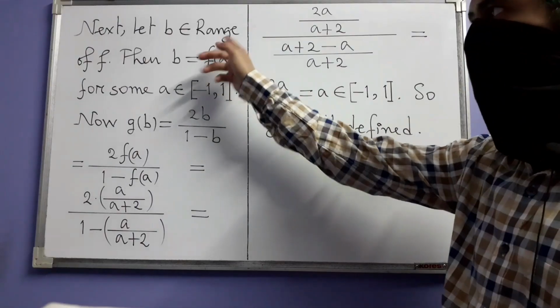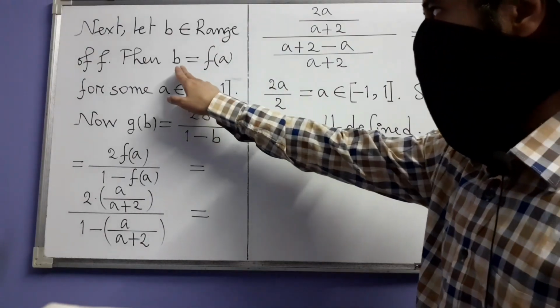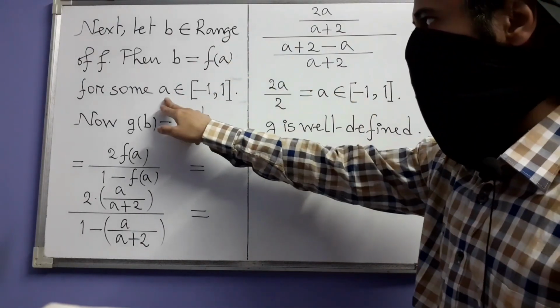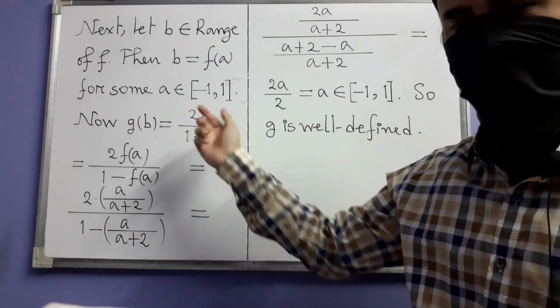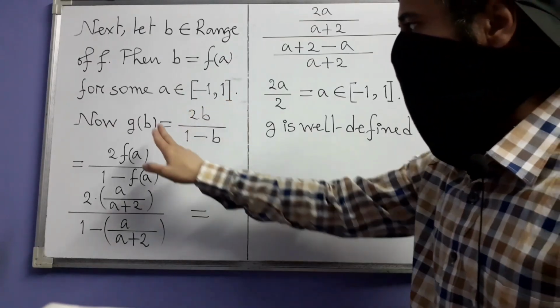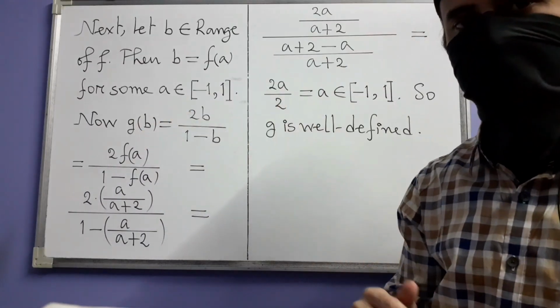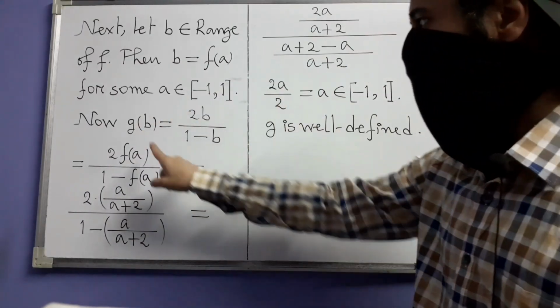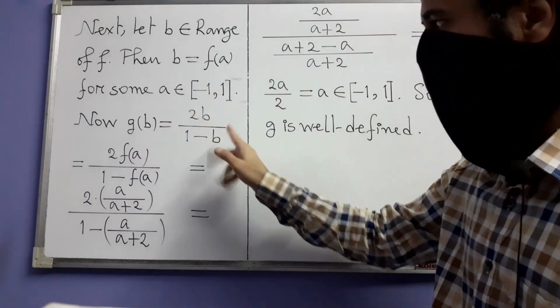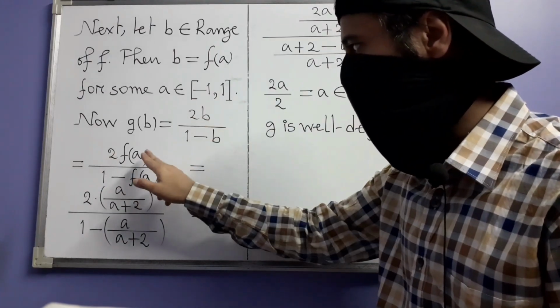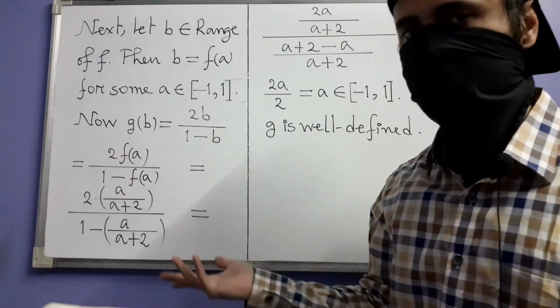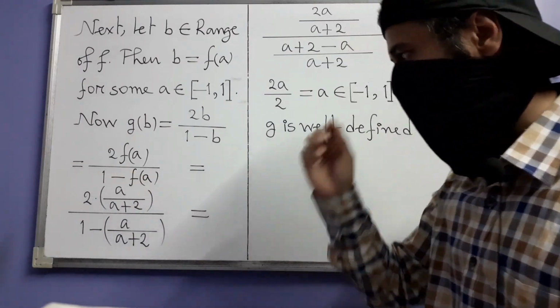Then because b is coming from the range of f, b is equal to f of a for some a in the domain of f, which is this closed interval [-1, 1]. Alright. Now we apply g on b, and let's see what happens. g of b by definition is 2b divided by 1 minus b, but b is f of a, so we have 2 times f of a divided by 1 minus f of a.